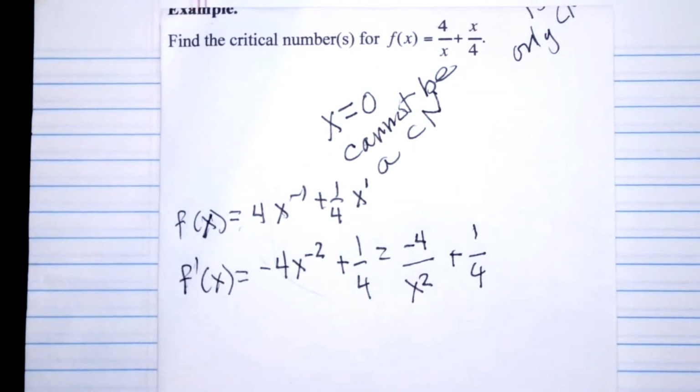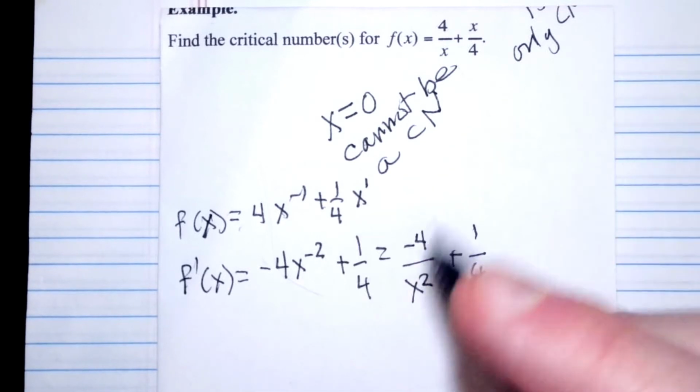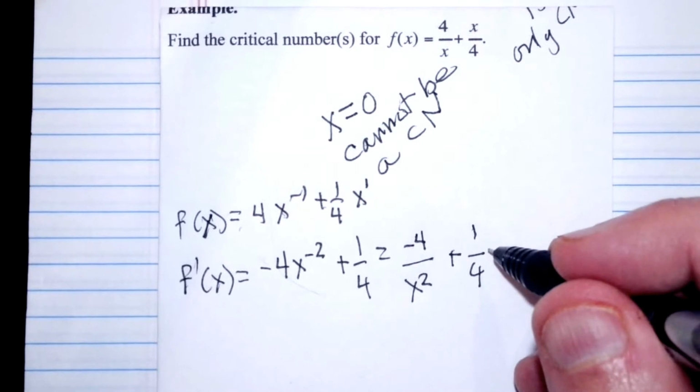Is the derivative ever undefined? It is undefined at x equals 0, but remember, x equals 0 cannot be a critical number, so we pass on by that. What we need to do is now look for places where this might be 0.